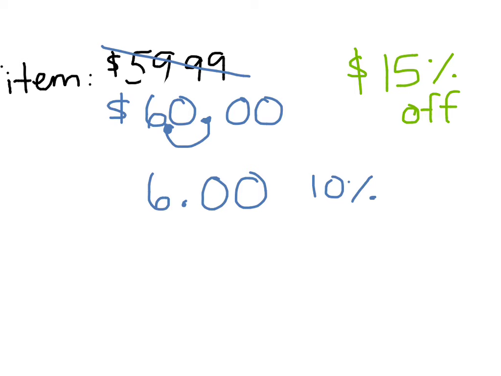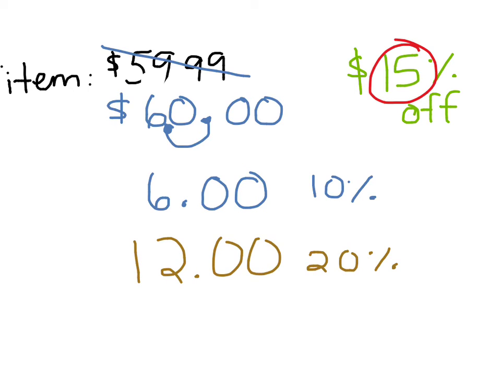I'm going to show you a strategy here. I know that 10% is $6. Here's a couple things you could do. I know that for 20%, I would have to double this, but I don't want to double it. I'm actually looking for 15, but for purposes of this, I'll show you this. So 20% would be 12.